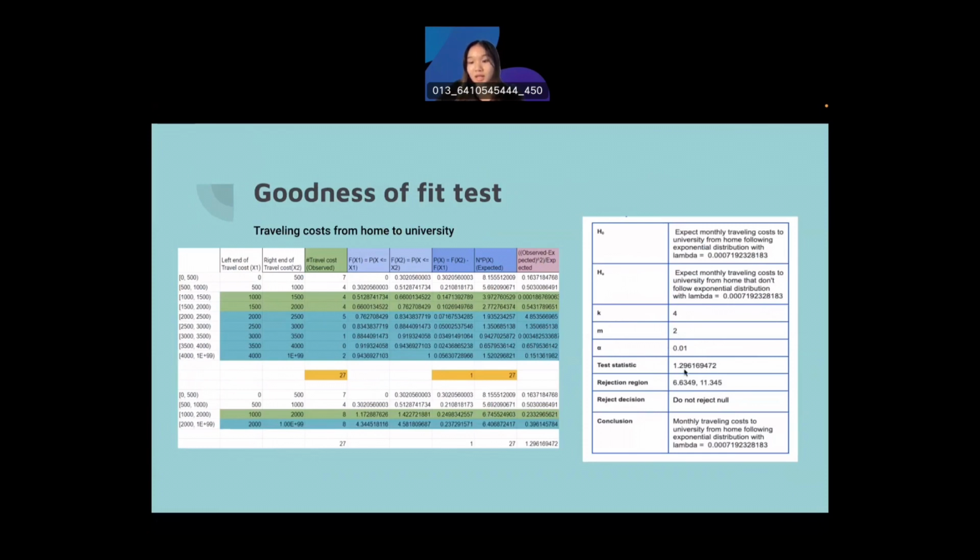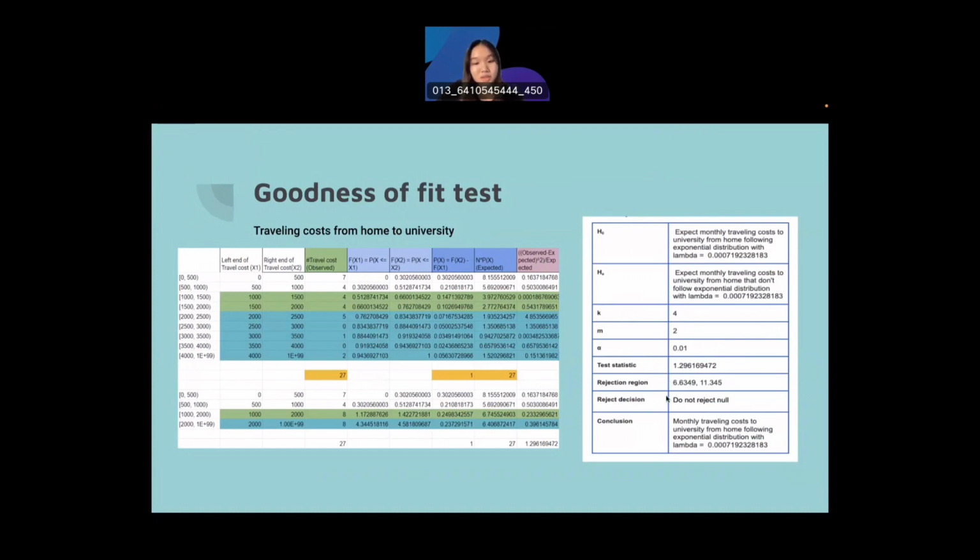The test statistic is equal to 1.2961. From the rejection region, the decision is do not reject the null.